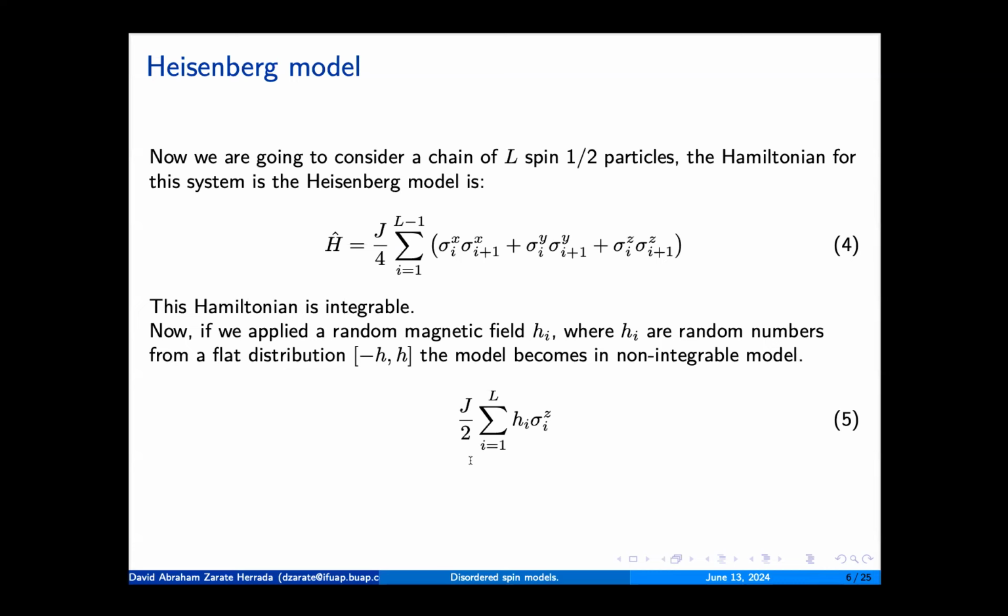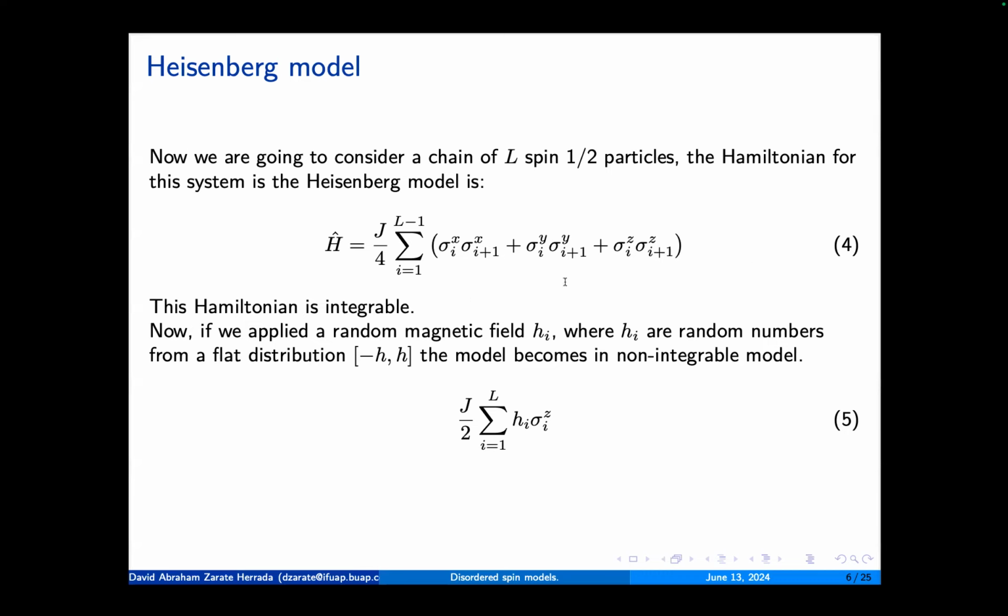Now, if we consider a system with L spin-1/2 particles, like a chain, the Hamiltonian for this system is named the Heisenberg model.